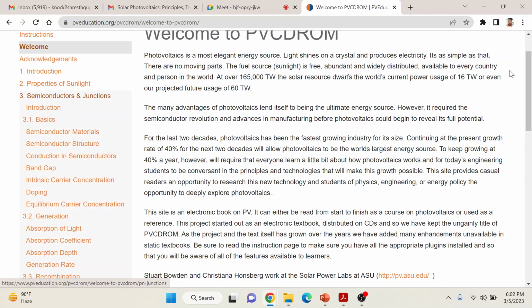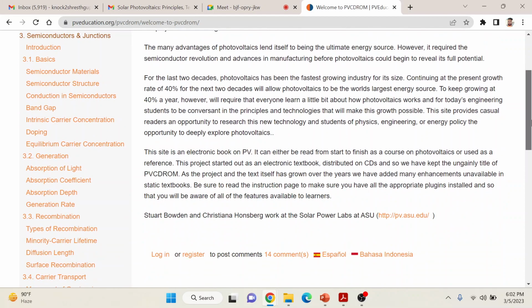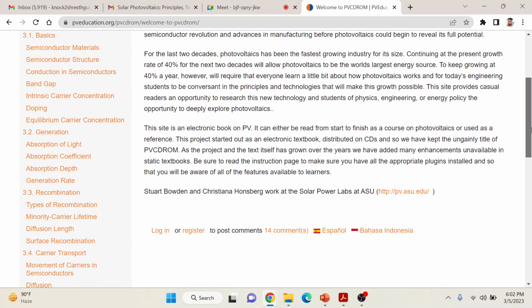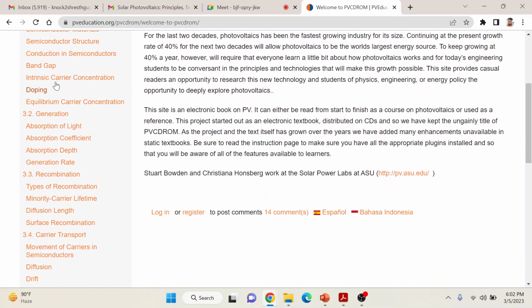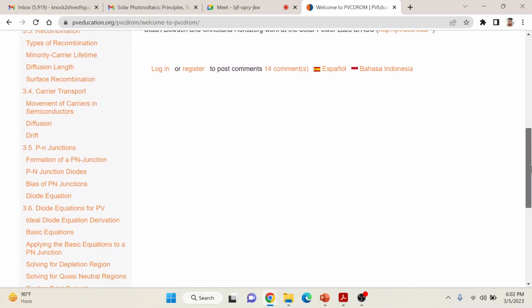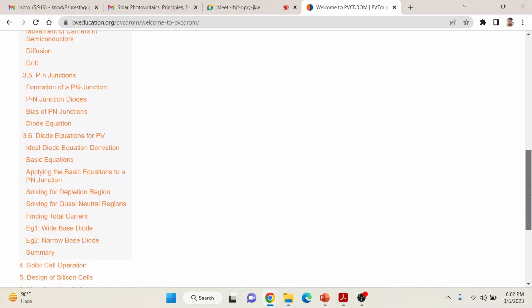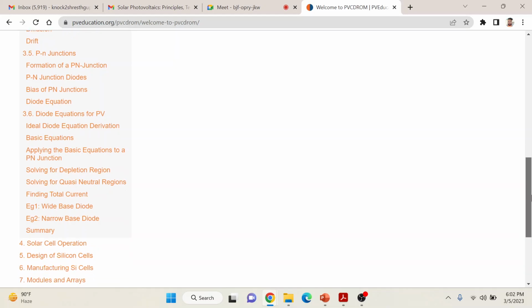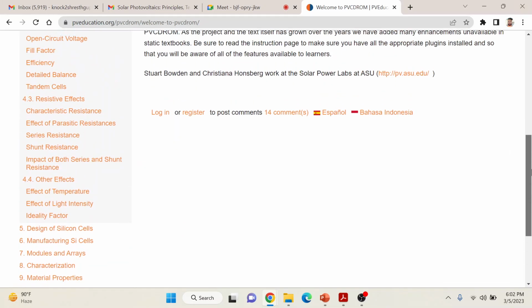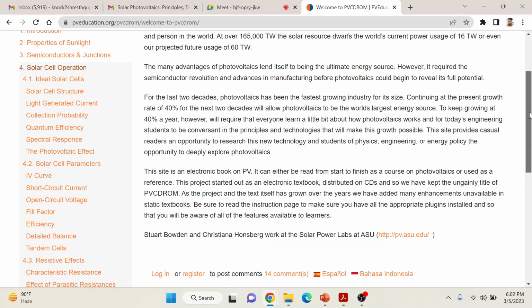If you go to semiconductor and junction, you can see the basics of semiconductors, its structure, the band gap, intrinsic, how we do doping, generation, types of recombination, diffusion and drift current, how a depletion region forms, a p-n junction, and the equations and solutions of some questions on depletion regions.